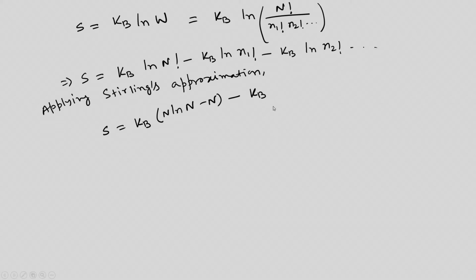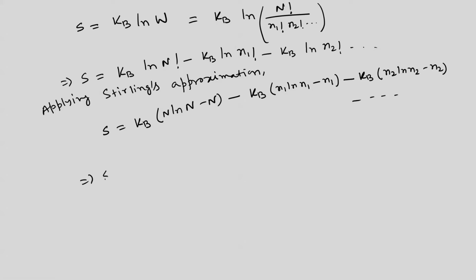The second term gives us Kb times n1 ln n1 minus n1. Third term gives us Kb times n2 ln n2 minus n2 and so on.